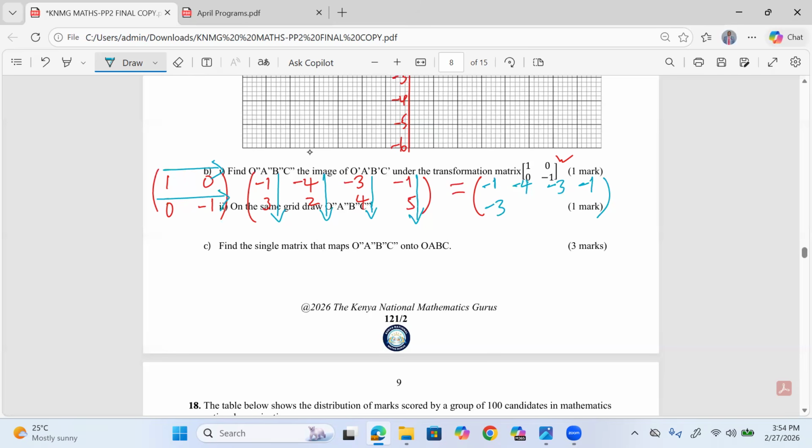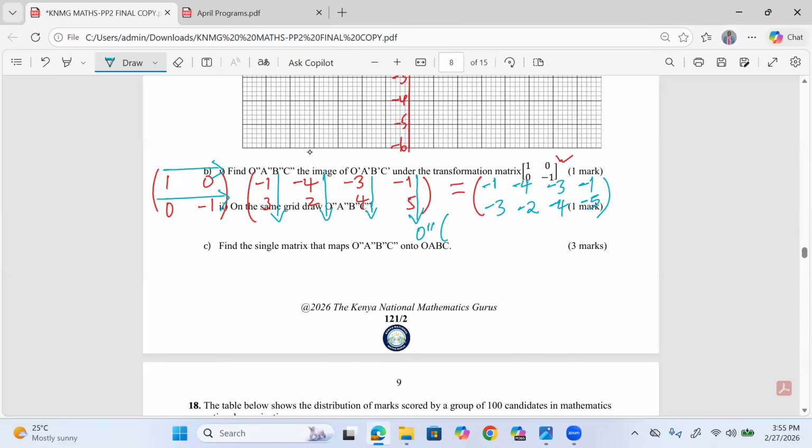We go to the next. 0 by -4 and -1 by 2, it becomes a -2. 0 by -3 and -1 by 4, it becomes a -4. And finally, 0 by -1 and -1 by 5, it becomes a -5.